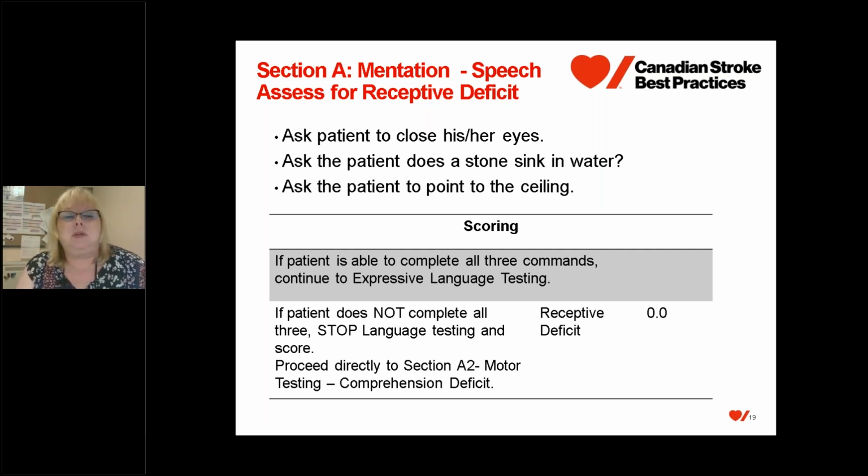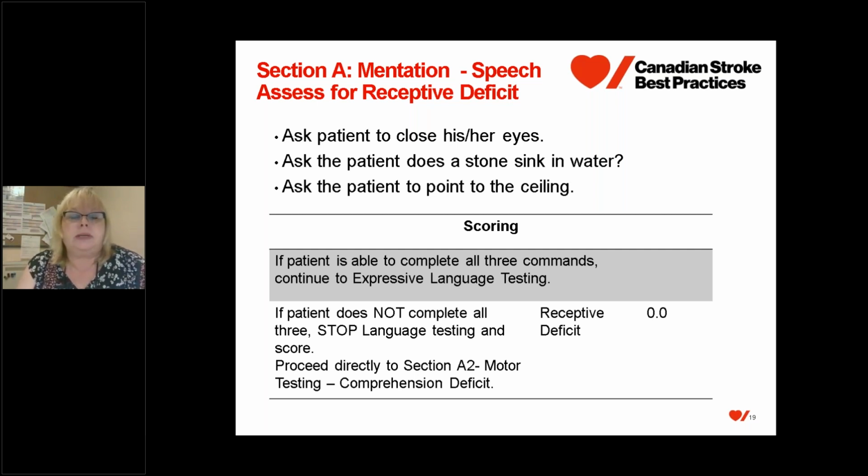If the patient is able to complete all of the 3 commands, you would continue to expressive language testing. However, if the patient does not complete all 3 of the commands, you would stop language testing and score the patient as a receptive deficit.